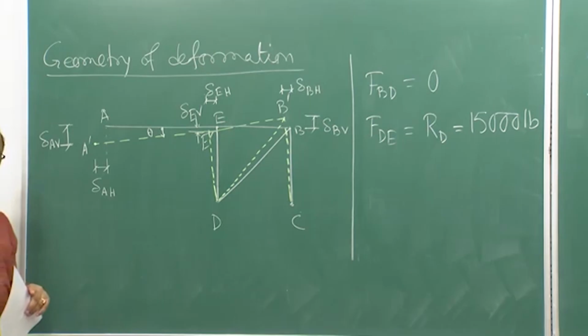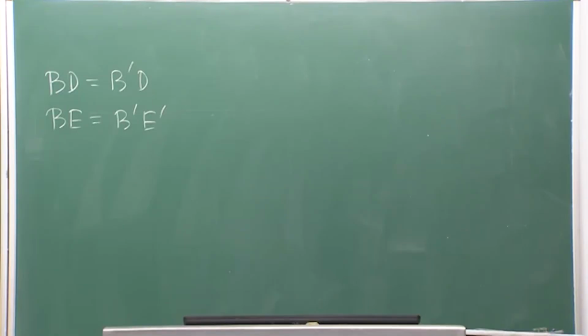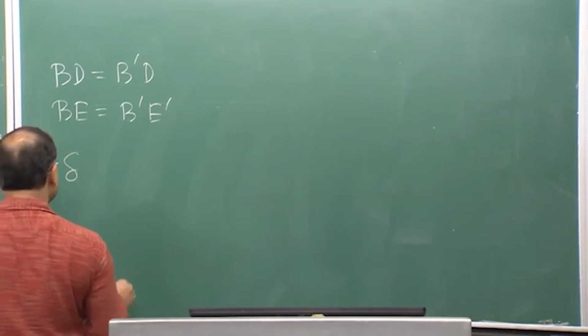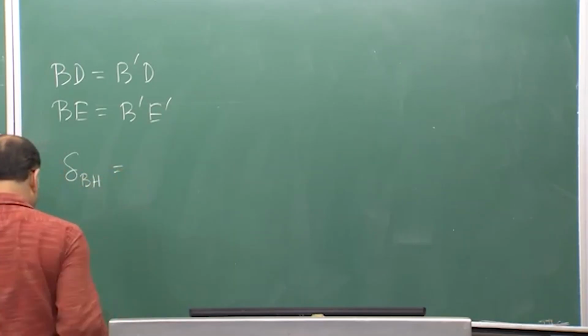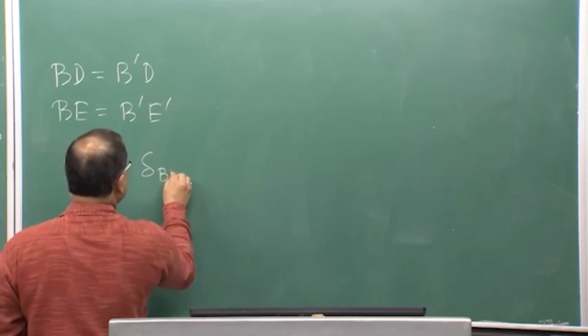That rotation is happening, and BD or B prime D is nothing but the radius, because they are equal. From that we can simply establish this geometric compatibility, or the fit: delta BH must be equal to delta BV.